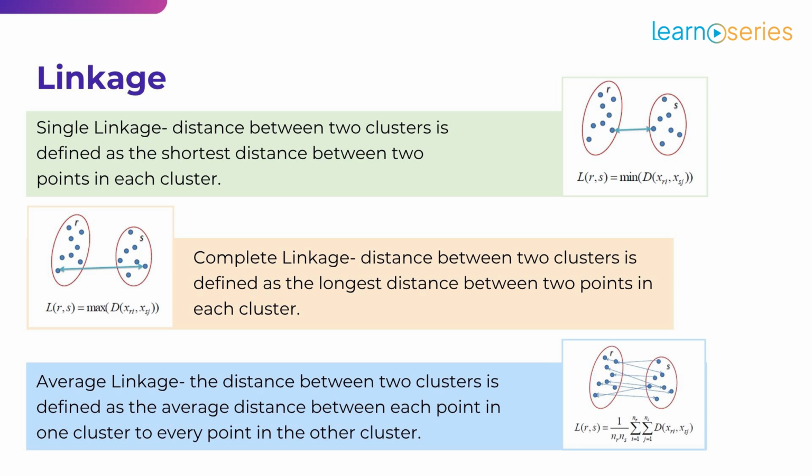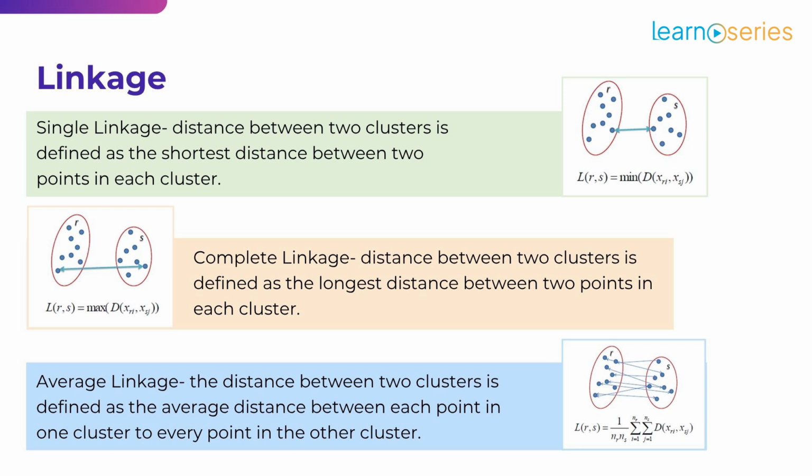Another method is the complete linkage, where the distance between 2 clusters is defined as the longest distance. Single linkage is the shortest distance. If you see the image here, the shortest distance between two cluster points is single linkage, and the longest distance is complete linkage.